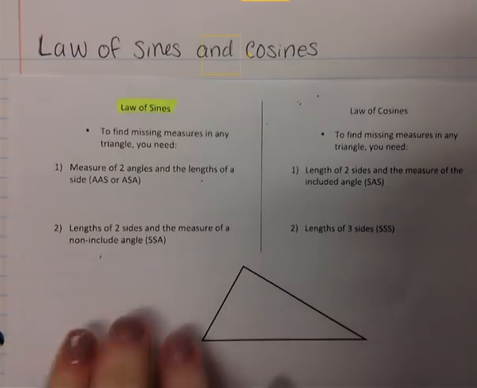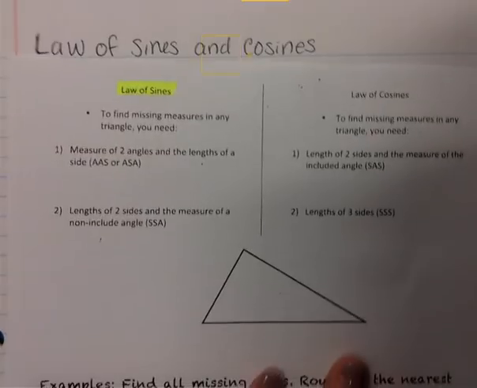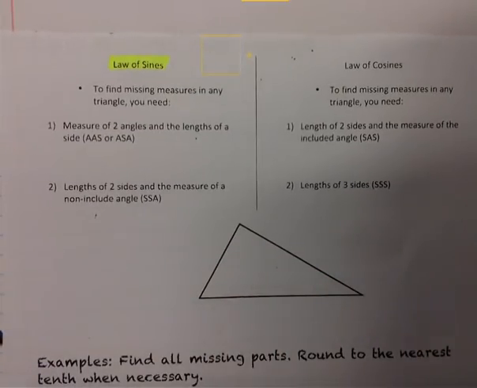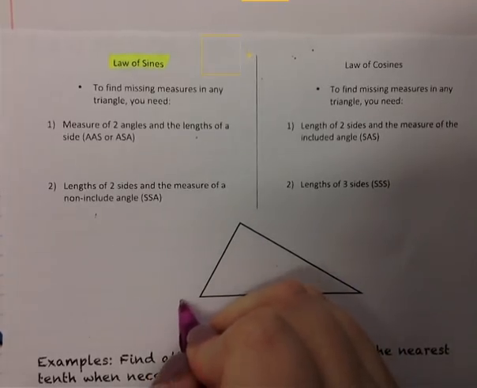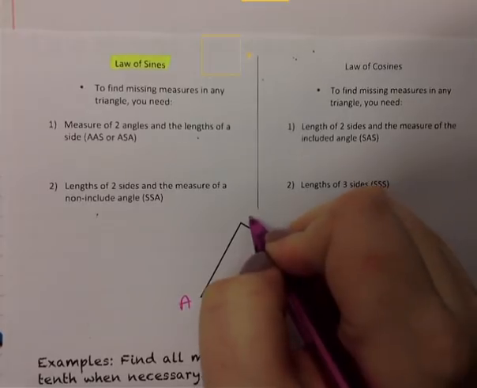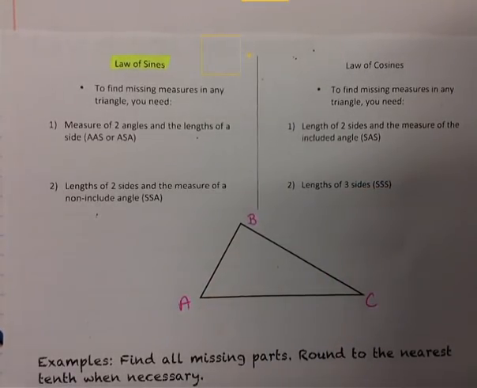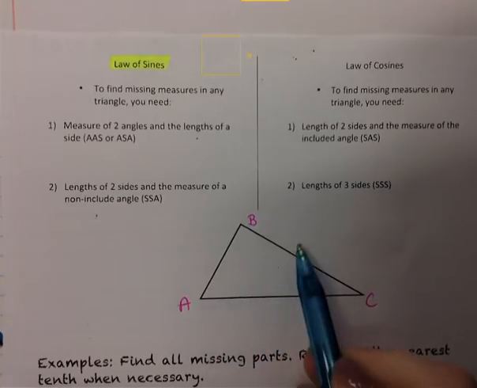So when we look at this, law of sines and law of cosines is based off of triangles. Law of sines, if we have this triangle here, I'm going to name the angles as big A, big B, and big C. Angles are named with the capital letters. And then we also want to name the sides. You name the side opposite the angle with the same letter.